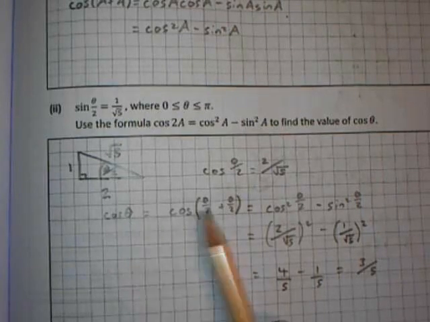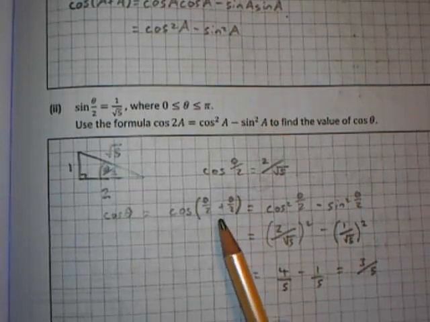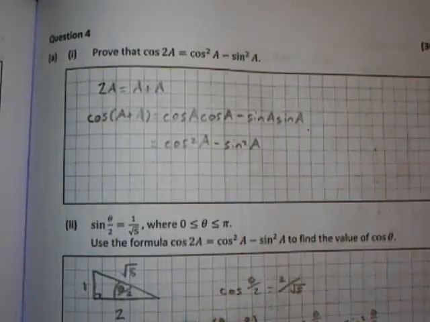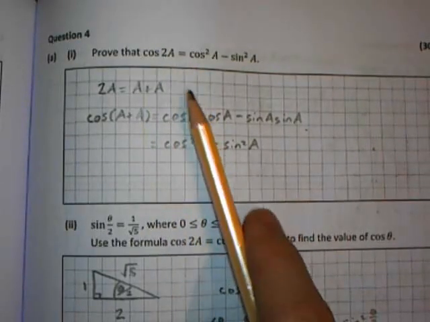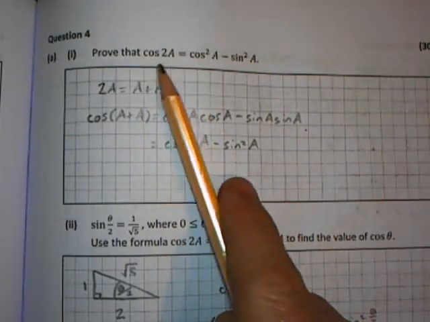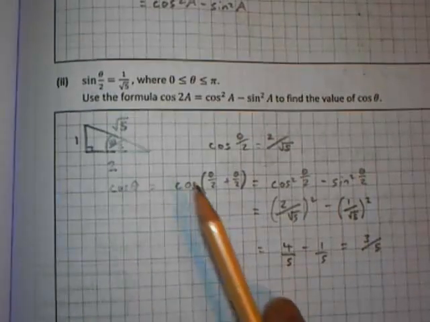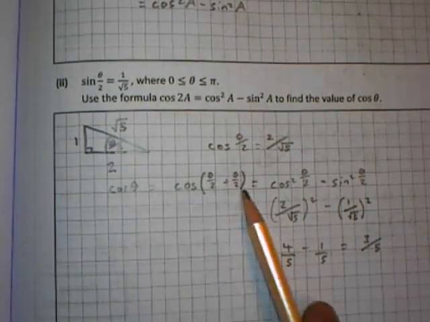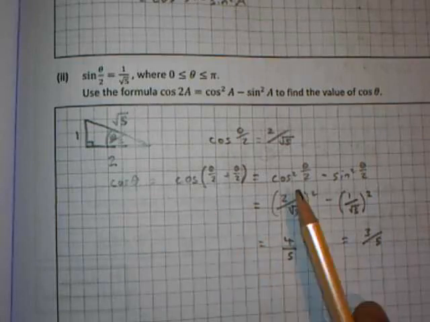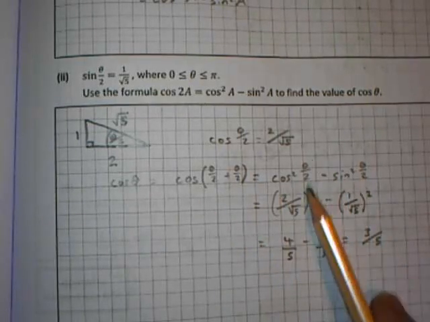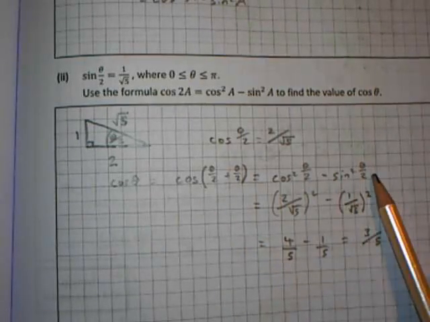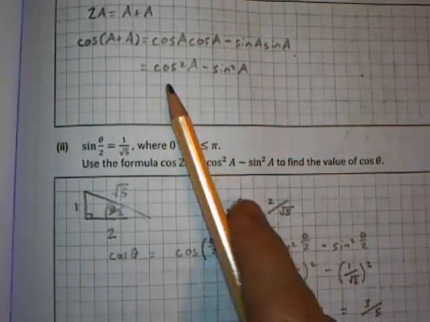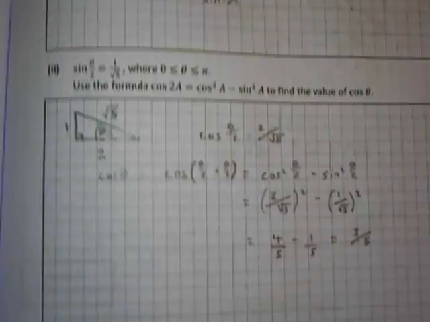So I've basically split this in half. Now, why would I do that? It's because they've basically told me I've got to use this. So this 2a is 2 of those. Okay? So then, you've got cos squared theta over 2 minus sine squared theta over 2. That's just from this. Okay?